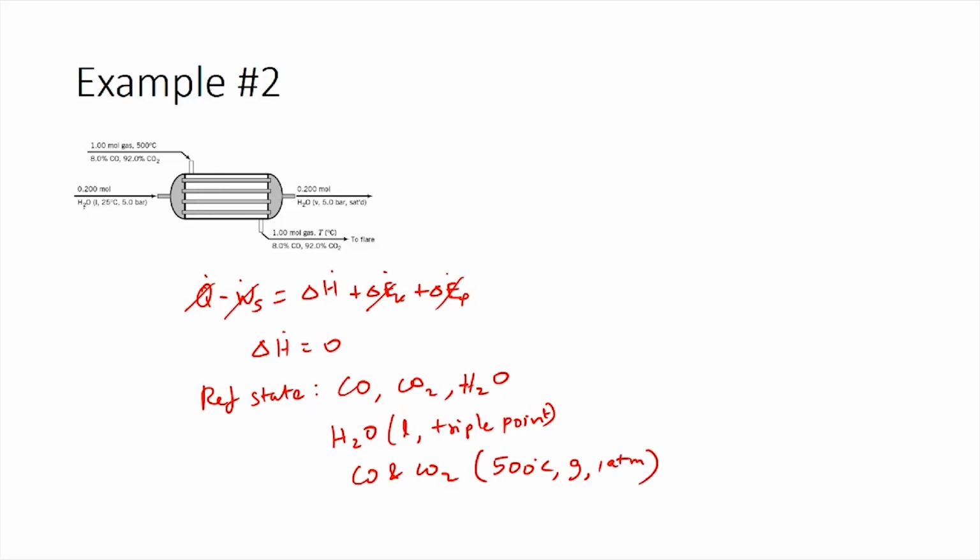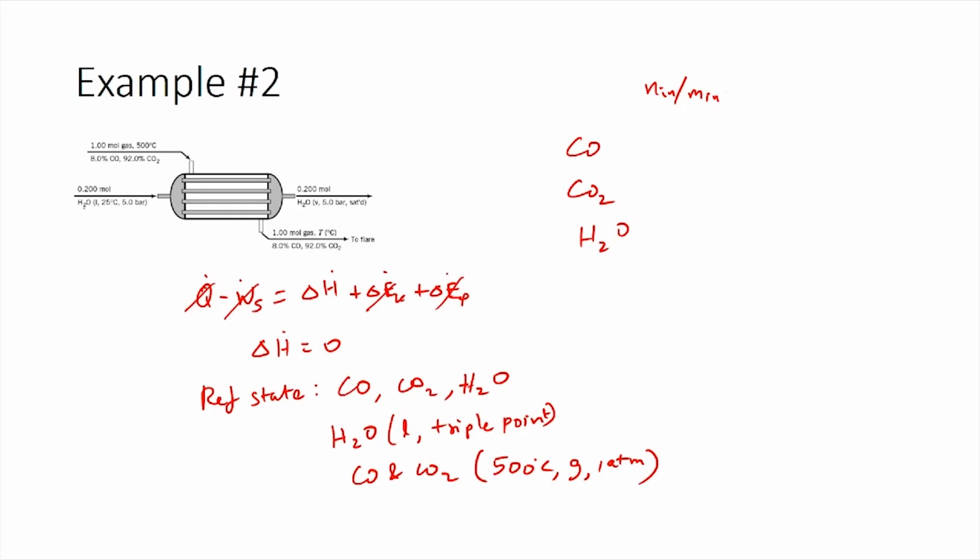Now that we have identified the reference state, the next step is to draw the enthalpy table. So, the enthalpy table for carbon monoxide, carbon dioxide and water vapor can be written. So, you would have n or m. I am also writing m because the value for enthalpy given in the steam tables would be in terms of kilojoules per kilogram.